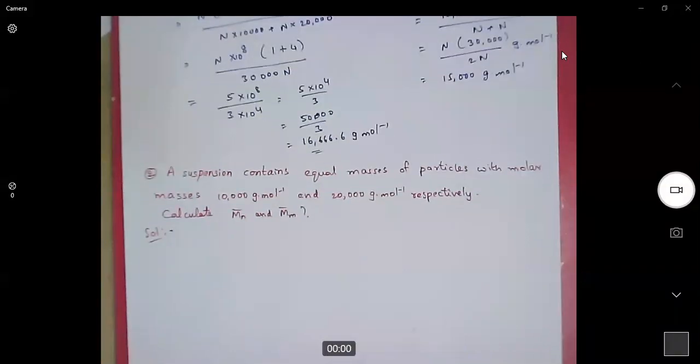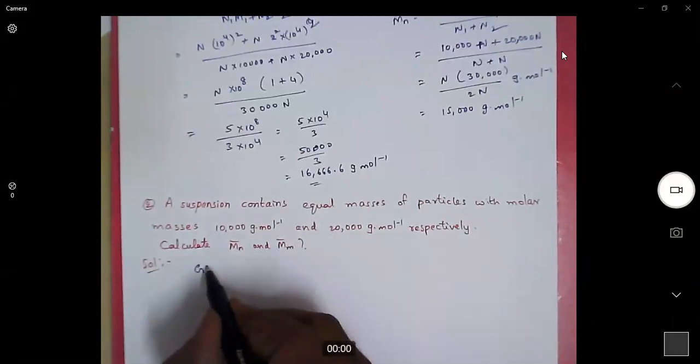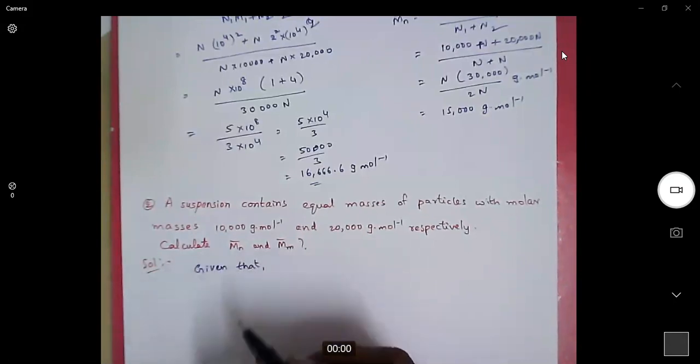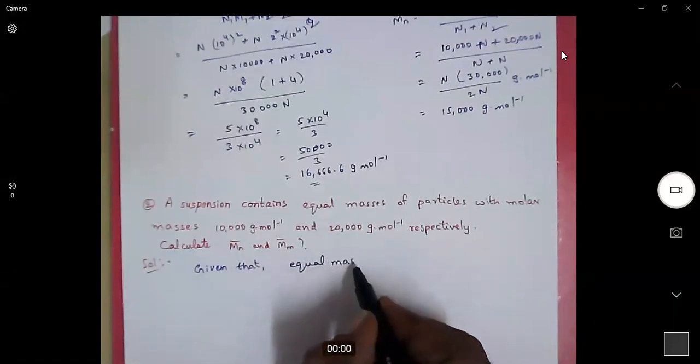A suspension contains equal masses of particles with molar masses 10,000 and 20,000 grams per mole respectively. Calculate Mn bar and Mw bar. In the previous problem, it was given that equal number of particles, but here equal masses of particles.